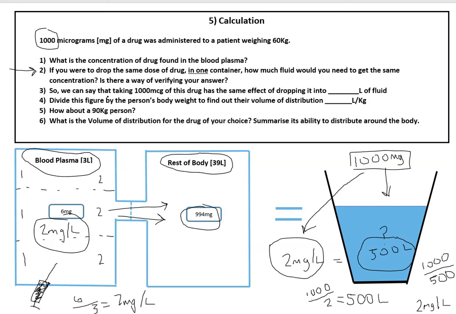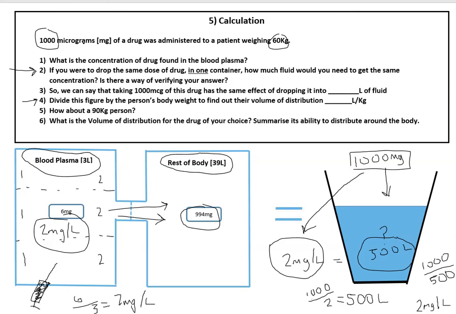Now, for the fourth task, we can divide this figure by the person's body weight to find out their volume of distribution. So 500 divided by their body weight, which is 60, and I'll let you do the maths. Okay. That is the volume of distribution of this drug.